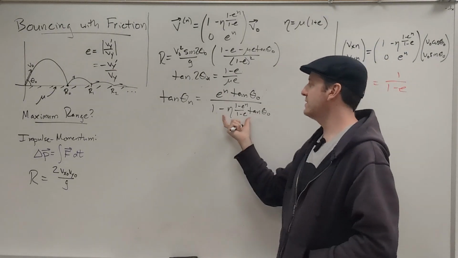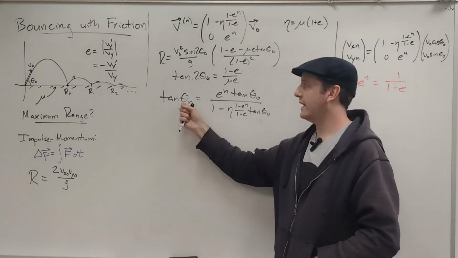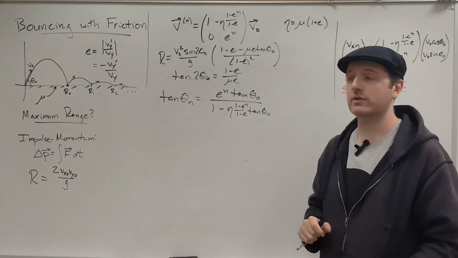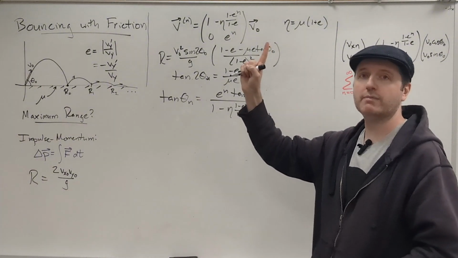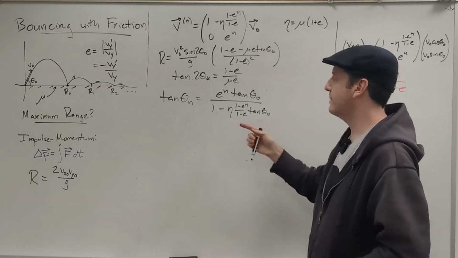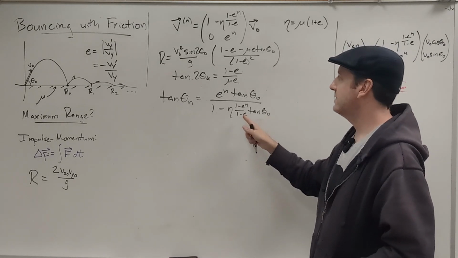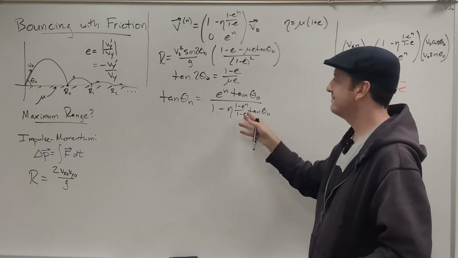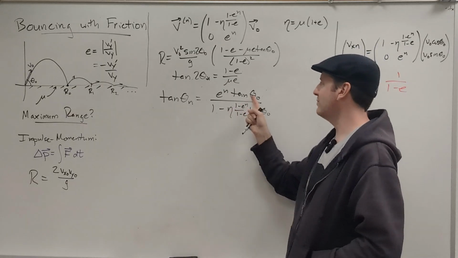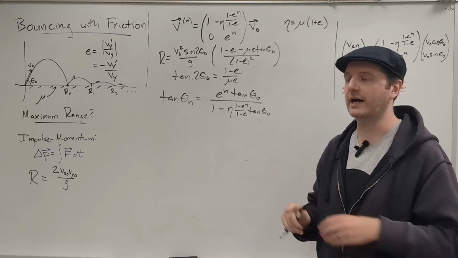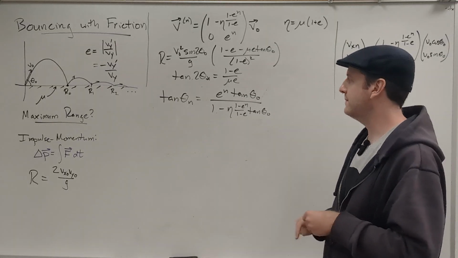In other words, as soon as this thing does equal 0, we're going to get a theta of pi over 2, meaning it's just going to bounce straight up. And thereafter, I expect it to continue at pi over 2 and not keep on including this formula, because then tangent is no longer well defined. It's infinite.